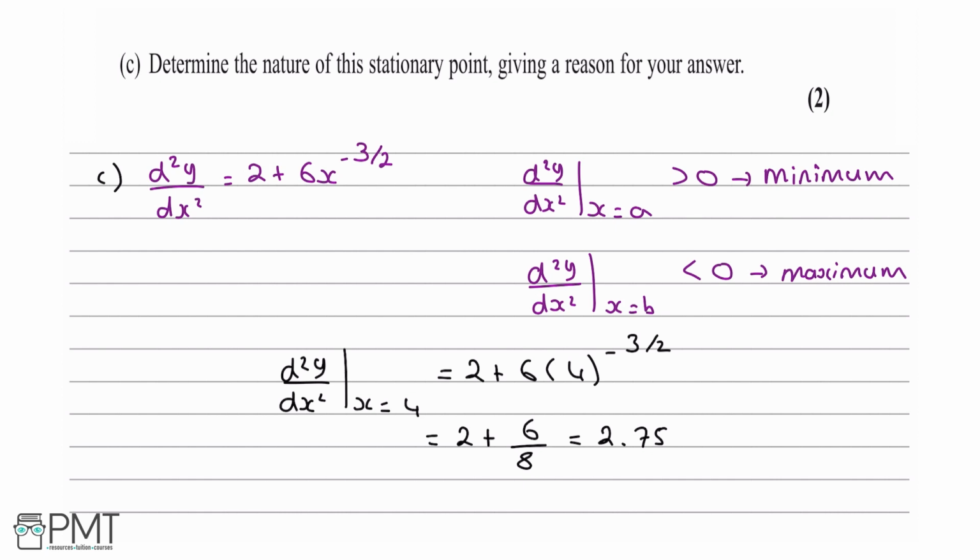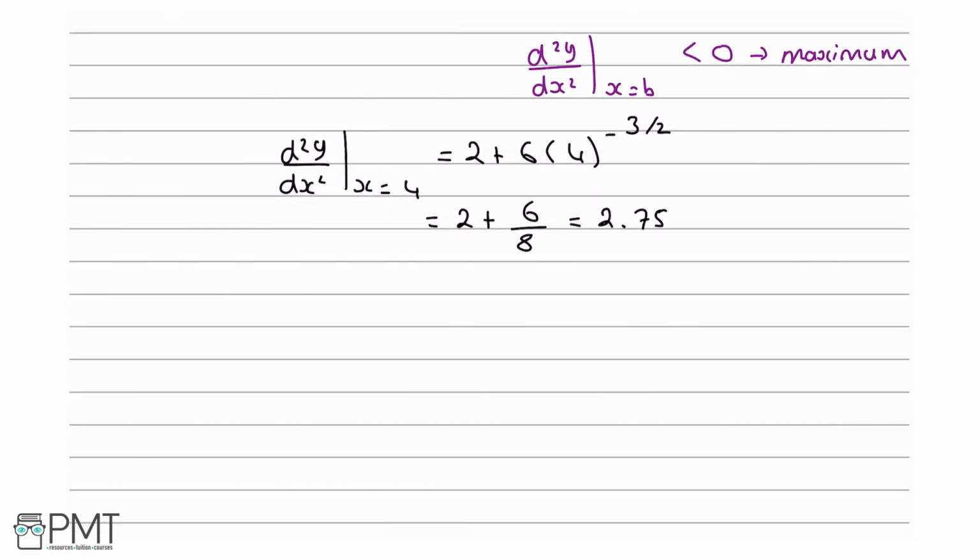Okay, so now here's where we need to be careful. We need to say that d squared y by dx squared at x equals 4 equals 2.75, which is greater than 0.